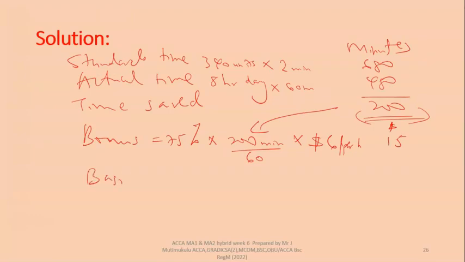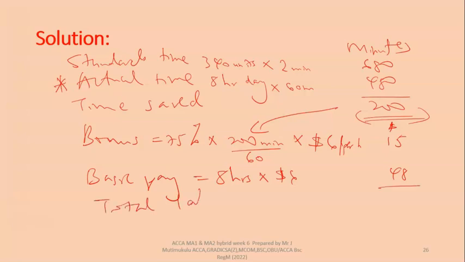The basic pay is equal to 8 hours, because the actual hours worked were 8 hours, multiplied by $6 per hour, and we get 48. So the total labor cost should be 63. Done.